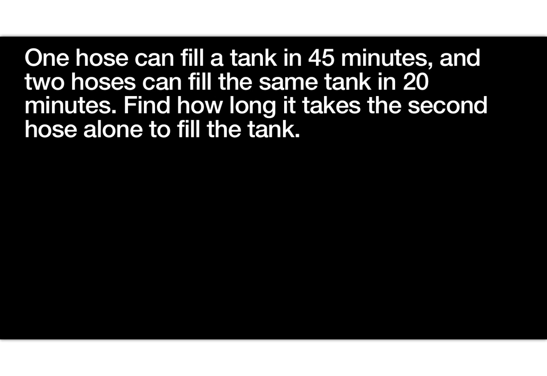All right. But think about it the same way. It's not distance equals rate times time. Here we're going to have volume equals rate times time. So with that, they have the same volume because it says it's the same tank.